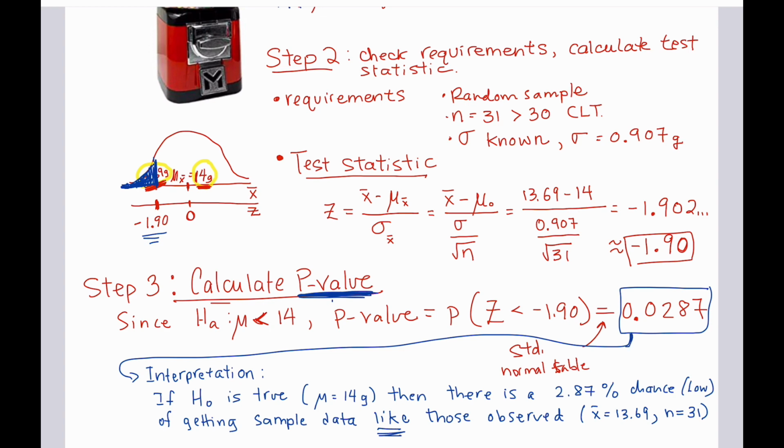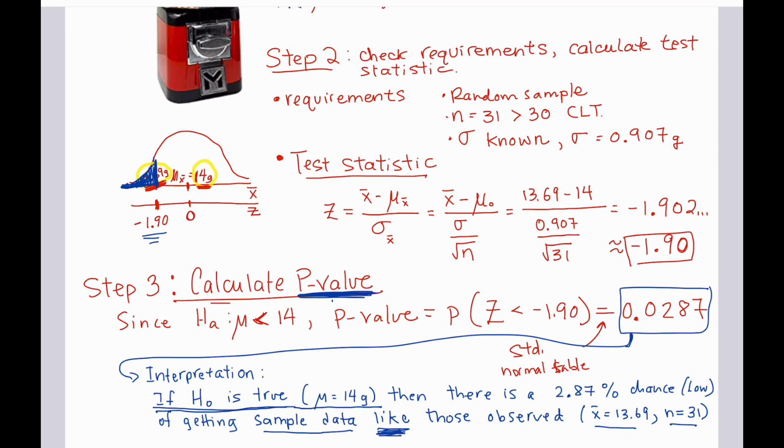So what does this 287 ten-thousandths mean? Well, it means that if H naught were true, if we assume that the mean amount of chocolate dispensed really is 14 grams, then there is a 2.87% chance, which is fairly low, of getting sample data like those that we observed, meaning a sample of size 31 and a sample mean of 13.69 grams of chocolate.